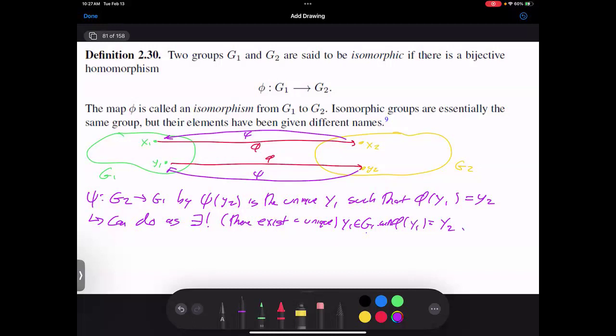So this is where we're using the fact that we have a bijection. Why does some element exist? Because the map phi is onto: you give me something in G2, it has to be hit by something in G1. And why is it unique? Because the map is injective. So C is now defined.